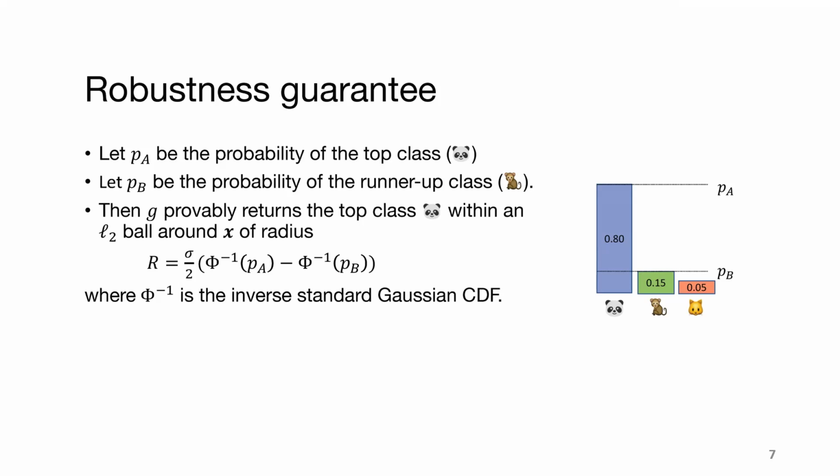For example, we take 100 queries, and 90 of them vote for the top class, so PA may equal 90%, something like this. It is not the average of this.